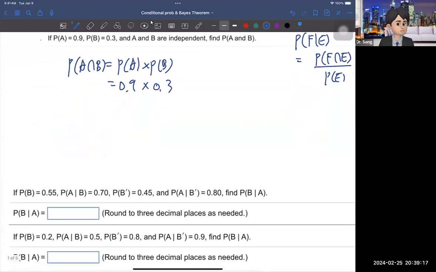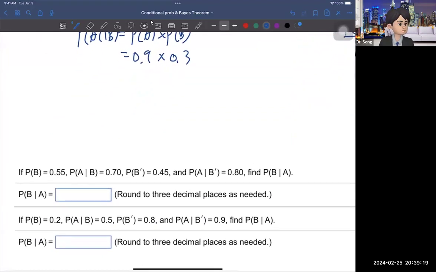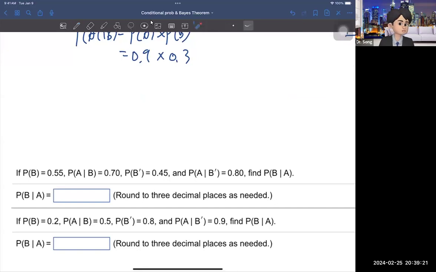Now let's go to the Bayes theorem. So first, here is the situation that you face to solve these questions. Well, you know the probability A given B, which is given as 0.7, but in the end, you want to find the probability B given A. That's Bayes theorem. You know the A given B, but now you want to find the B given A. So by solving this question without any context, you will get to know how to use the equation properly.